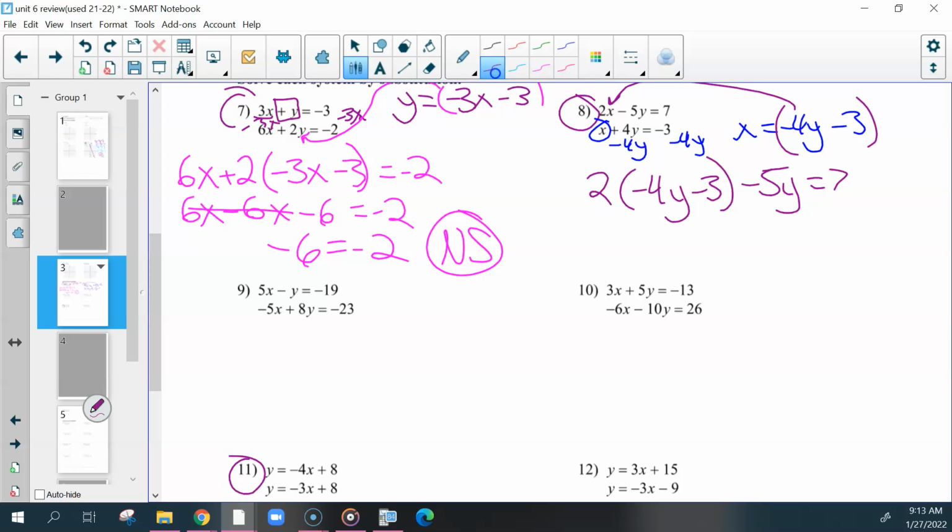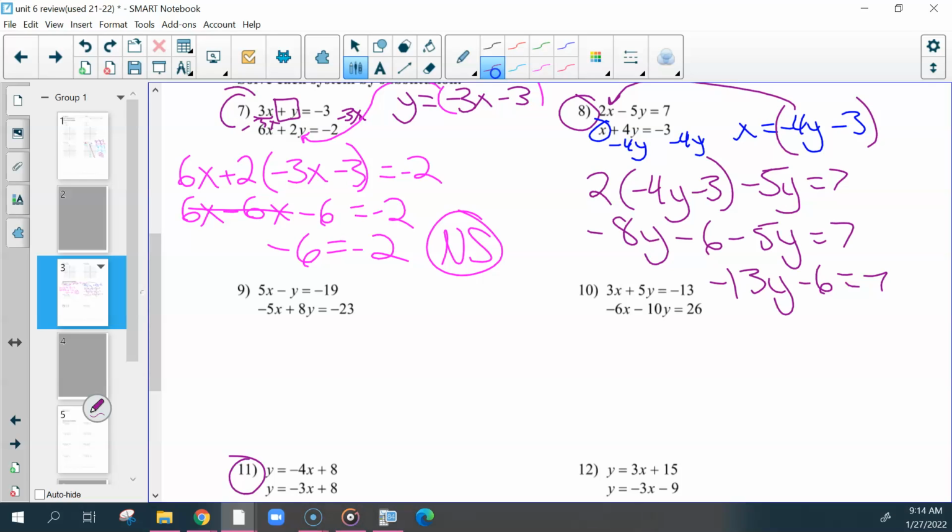Okay. So when we distribute, you have negative 8y minus 6 minus 5y equals 7. Combine your like terms and you would get negative 13y. Add 6 to both sides and you would get 13.